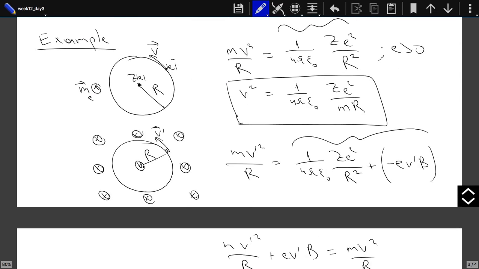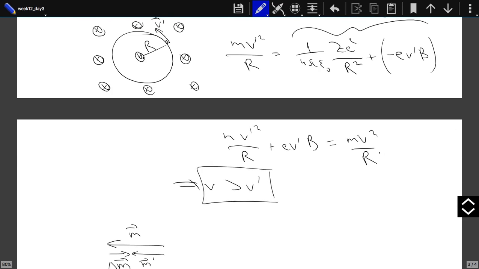Put some numbers. I mean, you see, for a hydrogen atom, we know what the radius of the atom is. We know the radius. We know Z. We know e. You know everything. So you can determine their speed in the absence of a magnetic field. So you can determine the right-hand side. Now the crucial thing is, how big can this be? The largest magnetic field that we could generate on Earth is something like a couple of 10 Teslas, let's say.